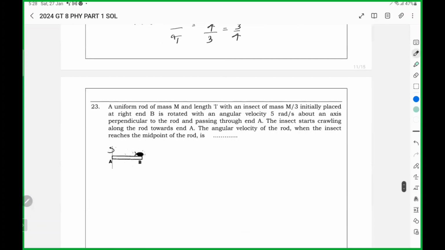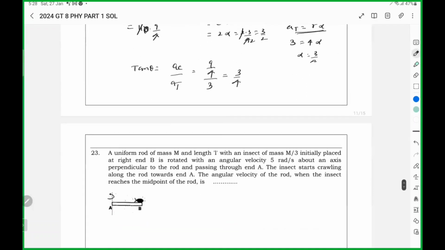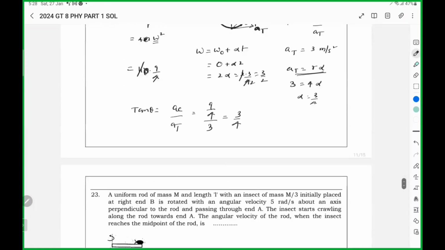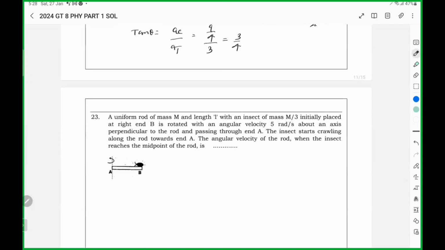Next question here. A uniform rod of mass m and length L with an insect of mass m by 3 initially placed here.